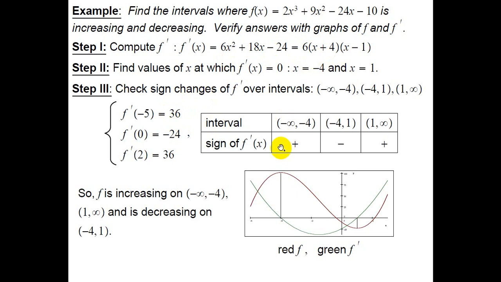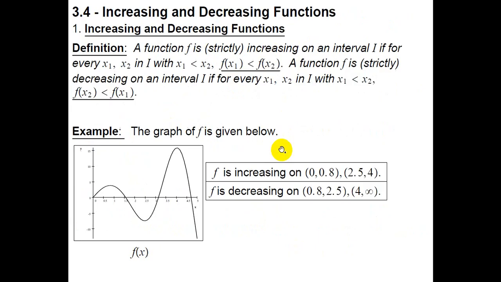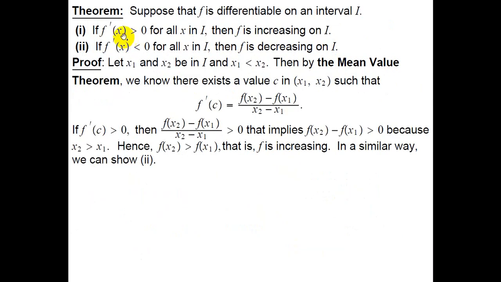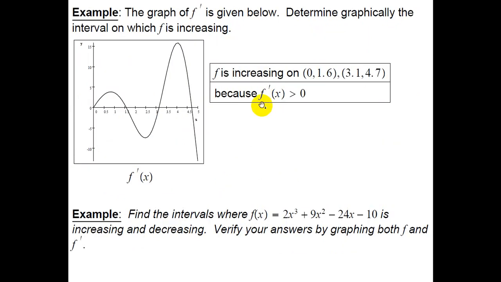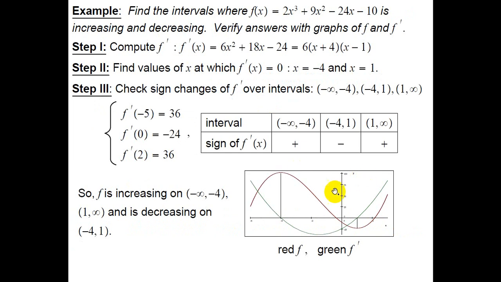Now remember the condition of an increasing function. If f prime of x is positive, which is greater than 0, then the function is increasing. Look at the example here. For the value minus 5, f prime of minus 5 is a positive number. For all the values of x to the left of minus 4, the function is increasing.